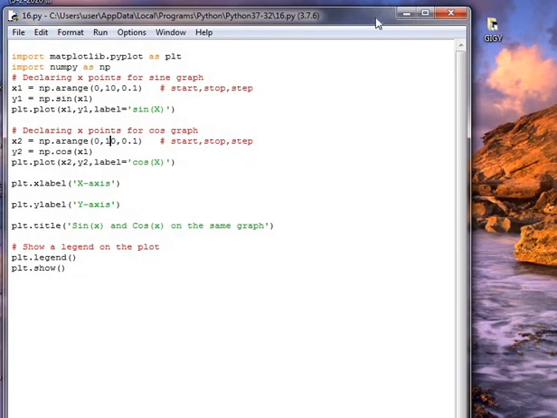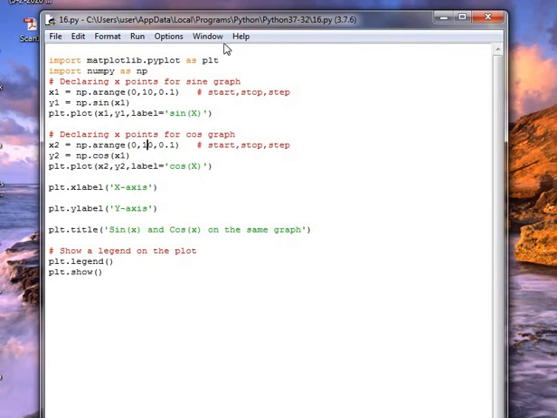we can plot both sine and cos, that is multiple line plots in a single graph. So here declaring x points for the sine graph, the same values, same parameters. Here declaring x points for the cos graph, the parameters are the same. Here start value 0 and end value 10.